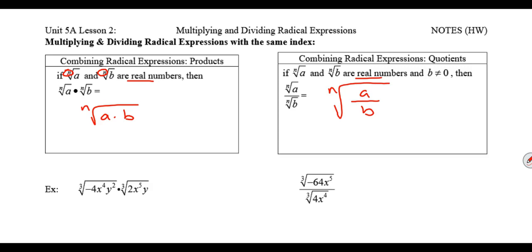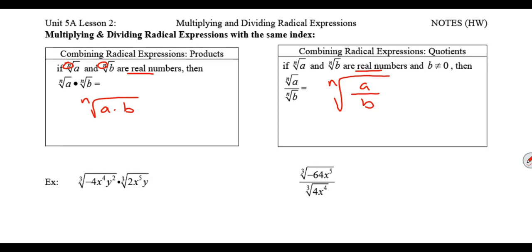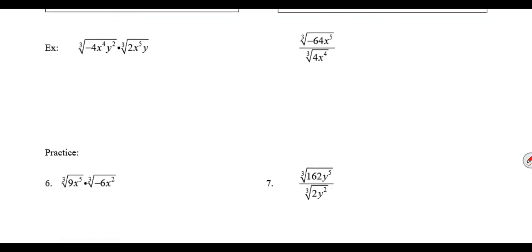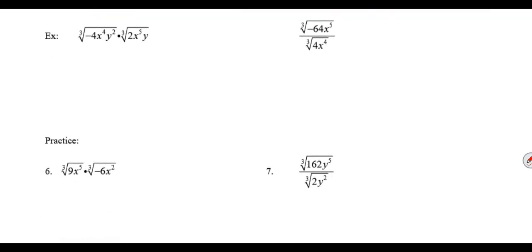Now, when we look at this as an example problem, I always kind of like to think strategically here, right? If I'm looking at this problem, let's kind of put it all together, but I'm not actually going to multiply the 4 times 2 because that's just going to make my number bigger. Why not just consider the third root of negative and then 2 times 2 times 2, right?